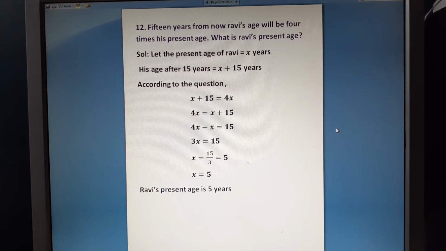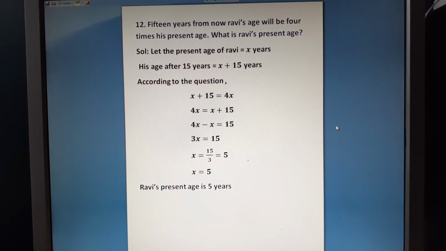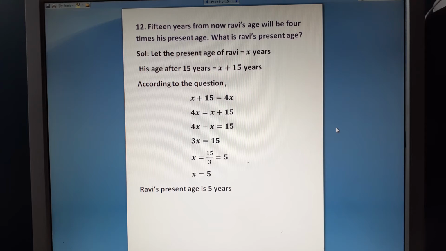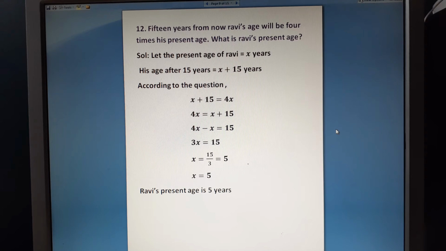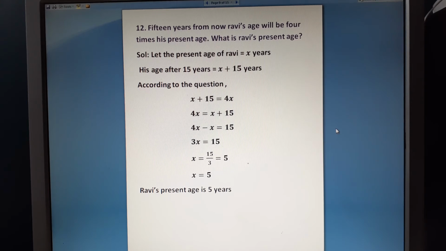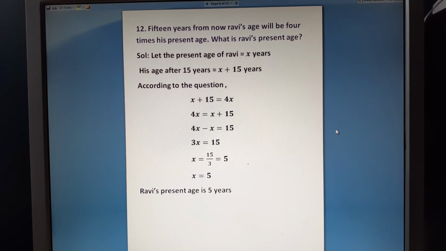Here after is mentioned, so we put x plus 15. According to the question, x plus 15 is equal to 4x, because 15 years from now Ravi's age will be 4 times his present age.